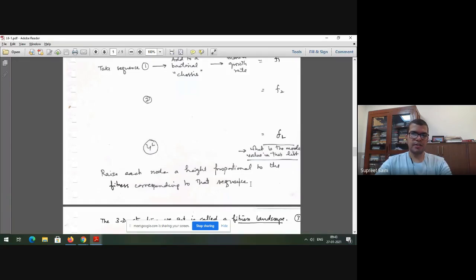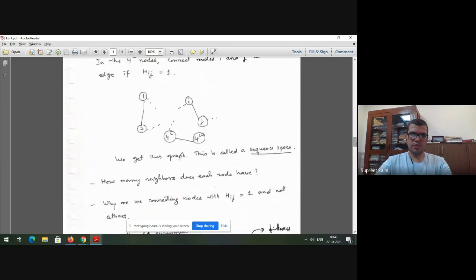Okay, cool. So again, this is an extremely important concept, and the three-dimensional structure that you get is called a fitness landscape. Imagine you have this particular structure, and now each of these nodes is raised perpendicular to the screen by a height which is proportional to fitness.